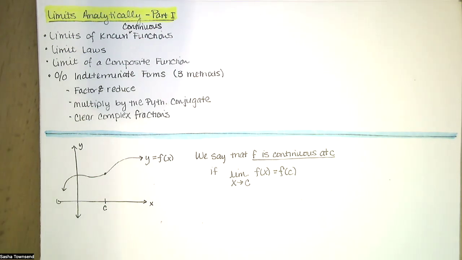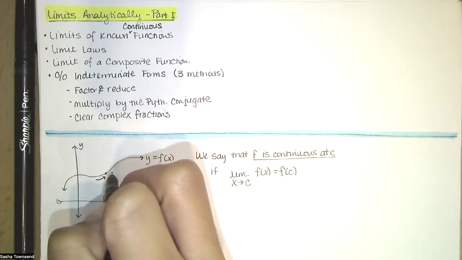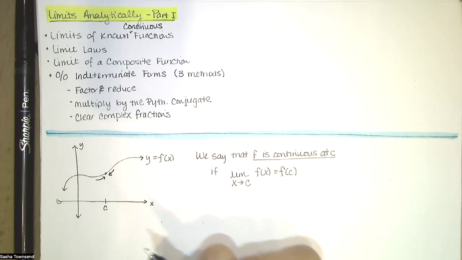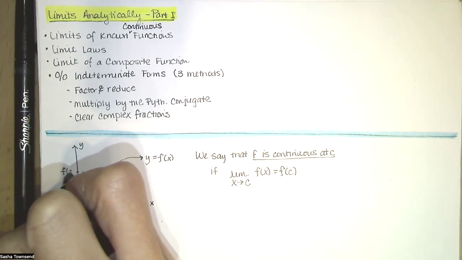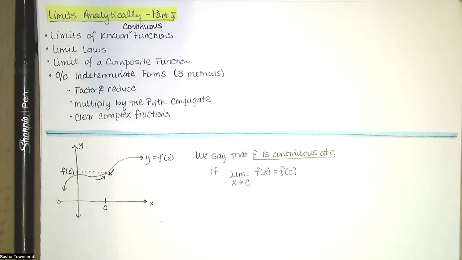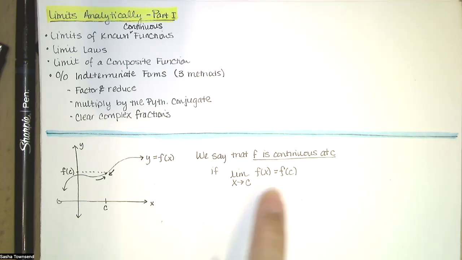So that means when you compute the limit as x approaches c from the left and the right, the y values just approach the function value there. So the limit exists, the limit from the left and the limit from the right are the same, and it's equal to the function value.